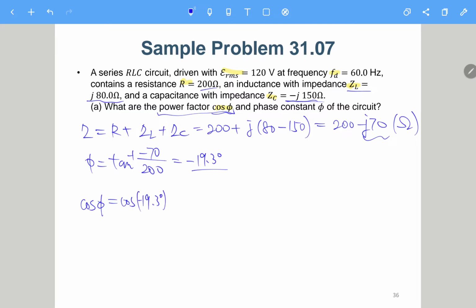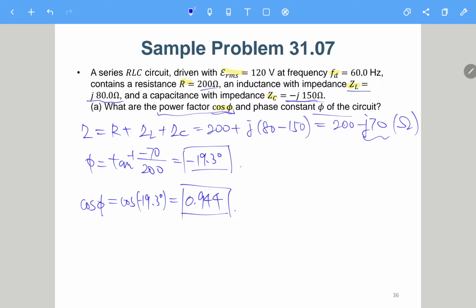But of course, cosine is an even function, so no matter if it is positive or negative, the value is the same. So cosine of negative 19.3 degrees is 0.944. So this is the power factor, and also the phase constant.